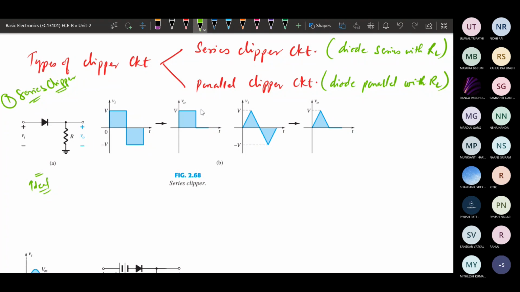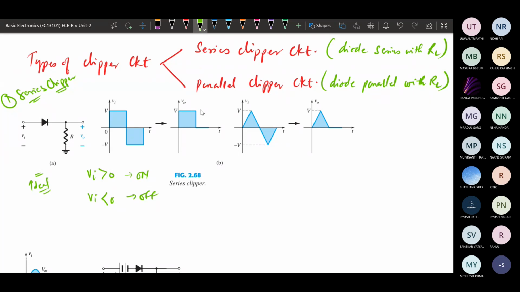We have already seen that an ideal diode will be on when the input voltage is greater than 0. If the input voltage is greater than 0, the diode will be on. If the input voltage is less than 0, it will be off.